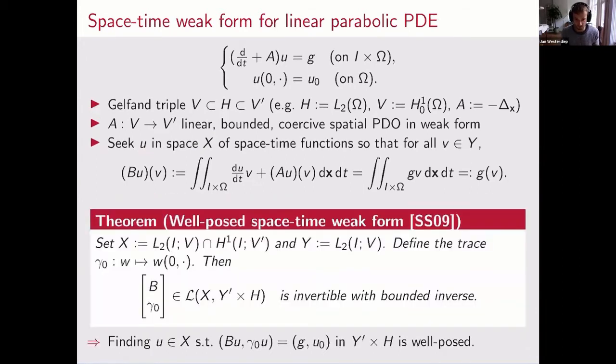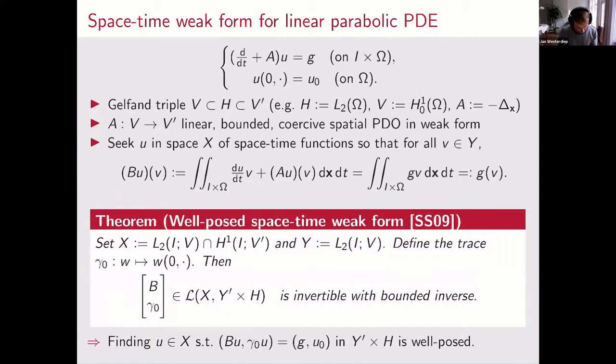As opposed to Johannes' talk, we are not going to reformulate this as a system of first order equations. We're going to just treat it as the second or fourth order problem that this is.